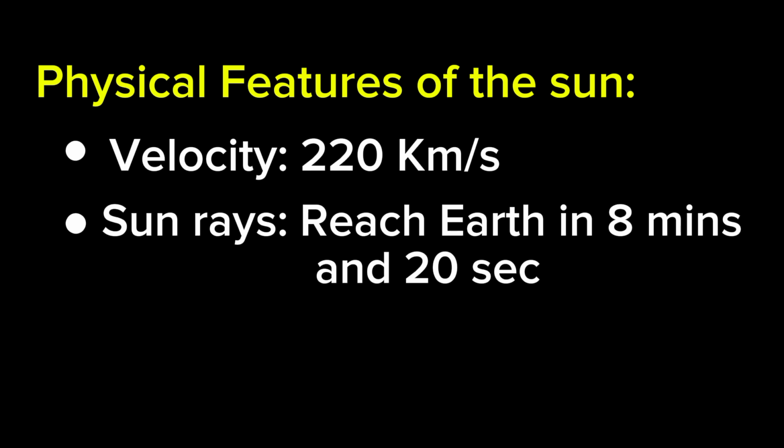So these were the important physical features of the Sun, and if you notice, there are a lot of MCQs about the physical features of the Sun. So let me give you the summary of what we have covered in this video.